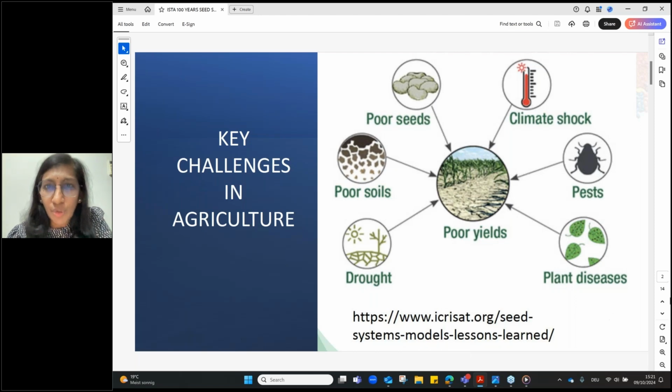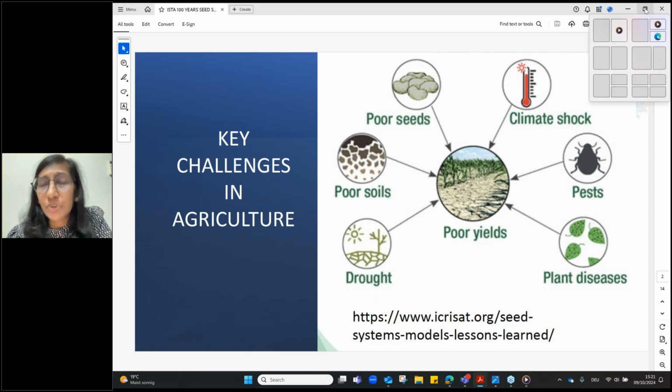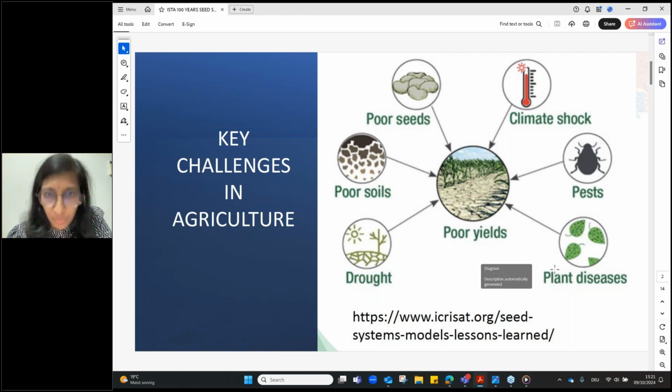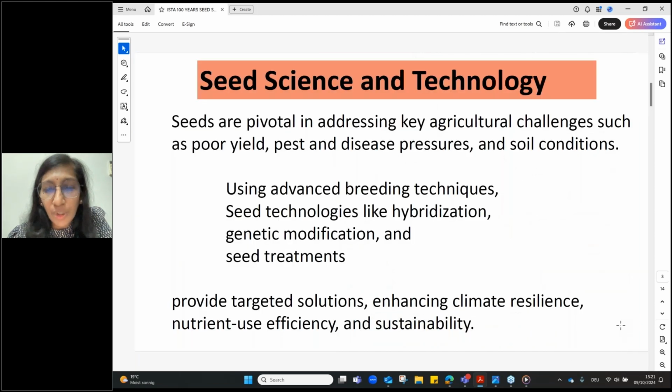They are ongoing matters of today's world. One good way to look at this is by looking at seeds, through seed science and technology. Seeds are pivotal in addressing key agriculture challenges.